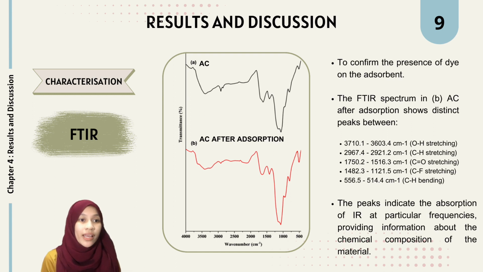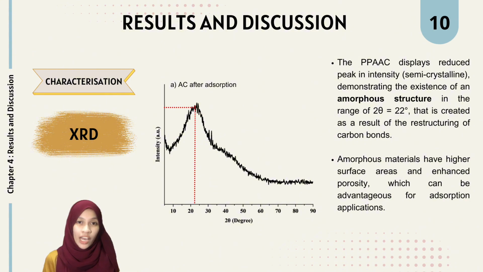In summary, the observed peaks in the FTIR spectrum of the activated carbon after absorption suggest the presence of hydroxyl groups, carbon-hydrogen bonds, carbonyl groups, carbon-fluorine bonds, and the bending vibration of the carbon-hydrogen bond in the pineapple peel algae sample.